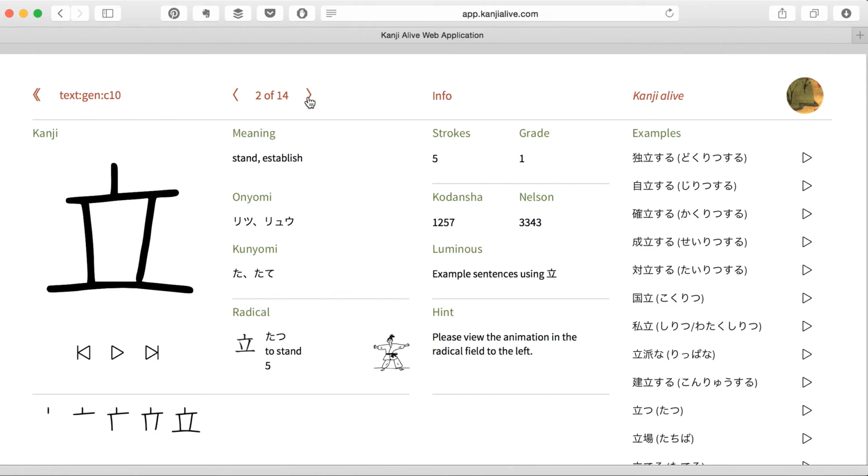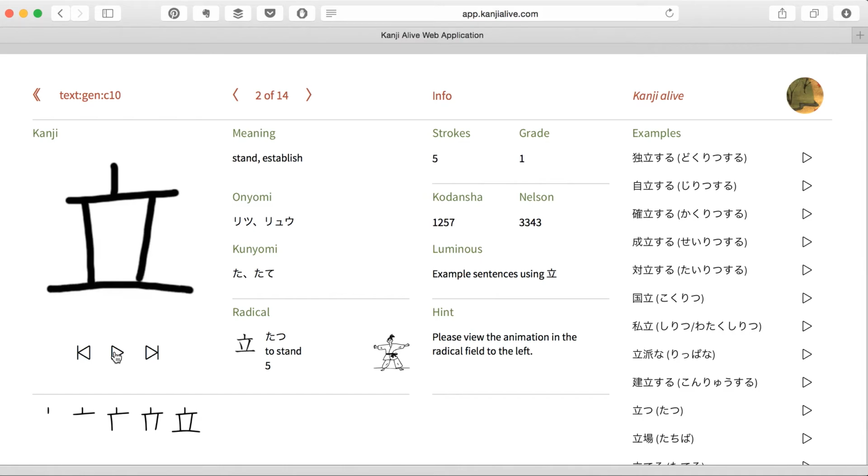Our second kanji is the kanji that means stand, and it kind of looks like somebody standing up straight. As you can see, with a head, arms, a trunk of the body, and then legs on the ground. Also 5 strokes, kind of a rather symmetrical kanji.